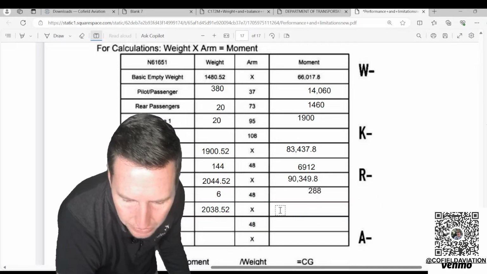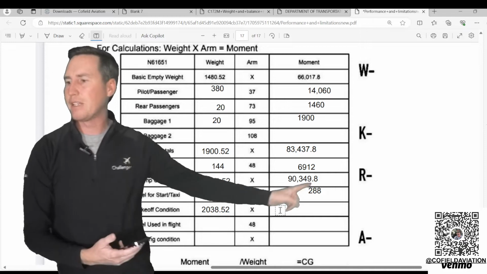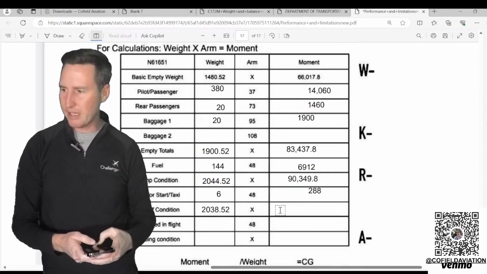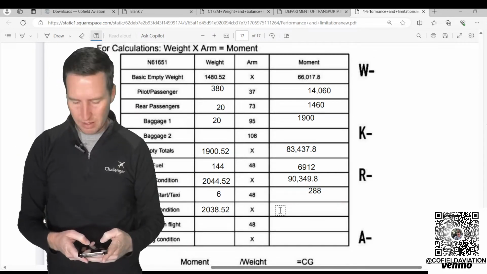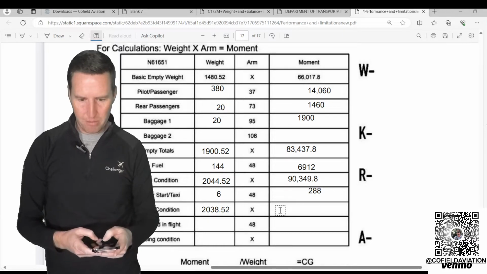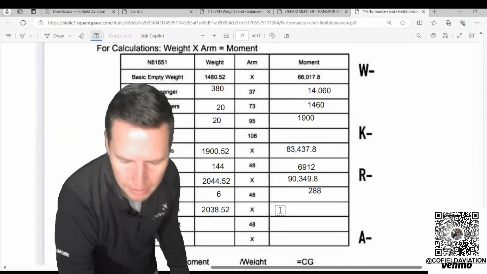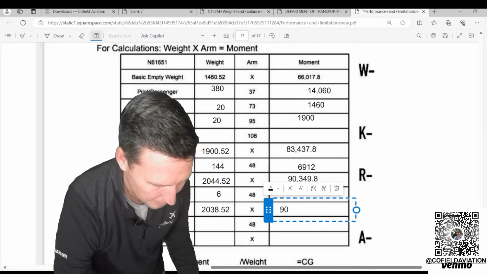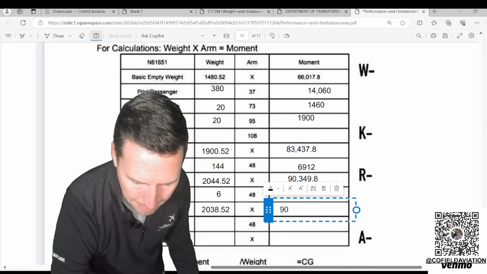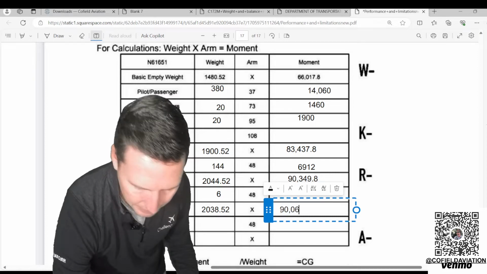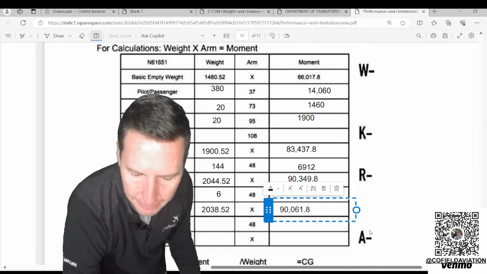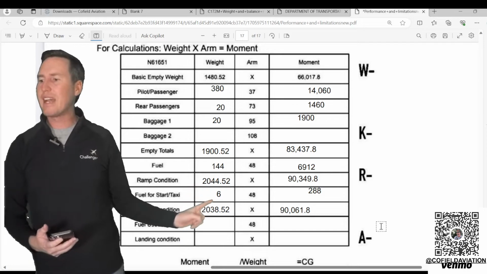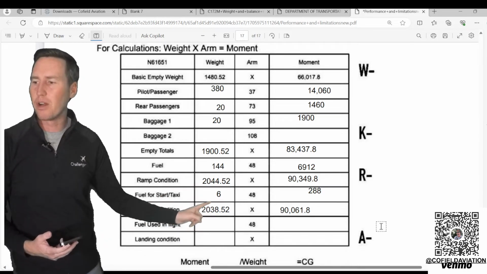And then we're going to subtract that 288, right? So 90,349.8 minus 288 is 90,061.8. Again, why did we subtract that? Because we burned that fuel off, right?